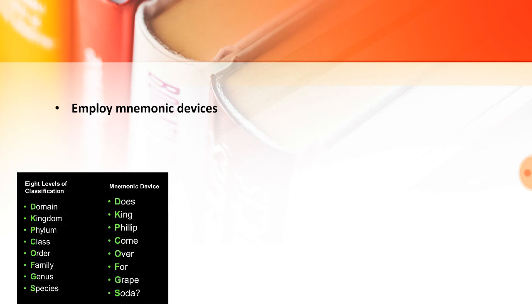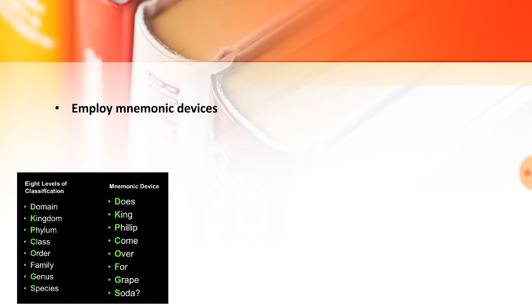Okay, so moving on, employ mnemonic devices. Now what are mnemonic devices? That's the question that arises, right? So mnemonic devices are nothing but a technique for remembering information that is otherwise quite difficult to recall. So here is an example of the 8 levels of classification.